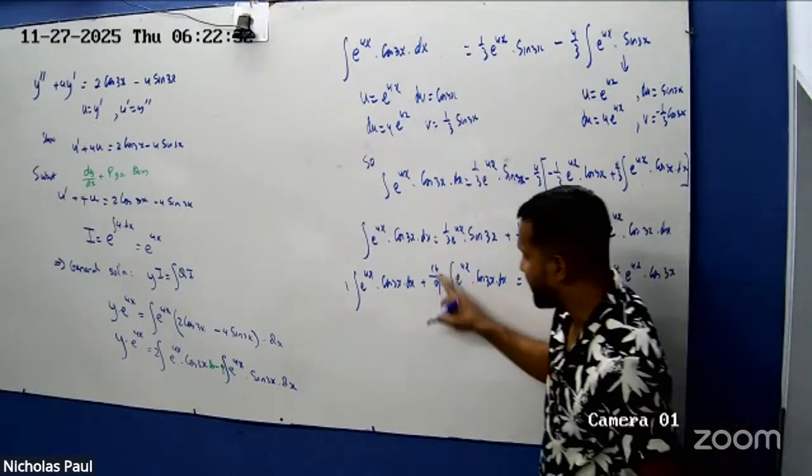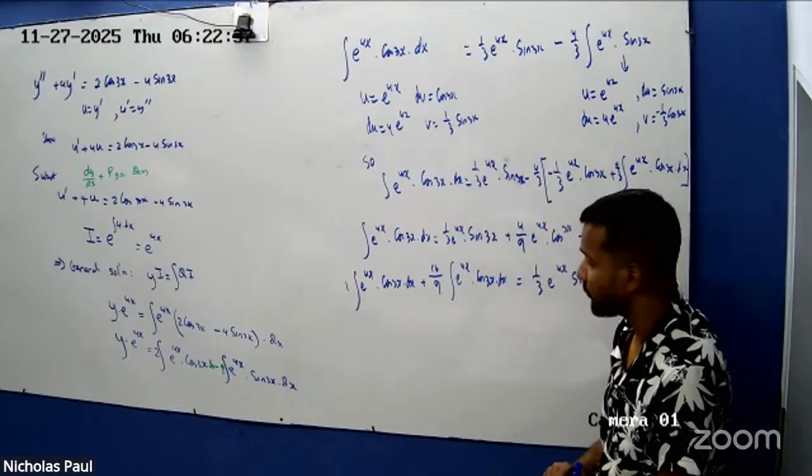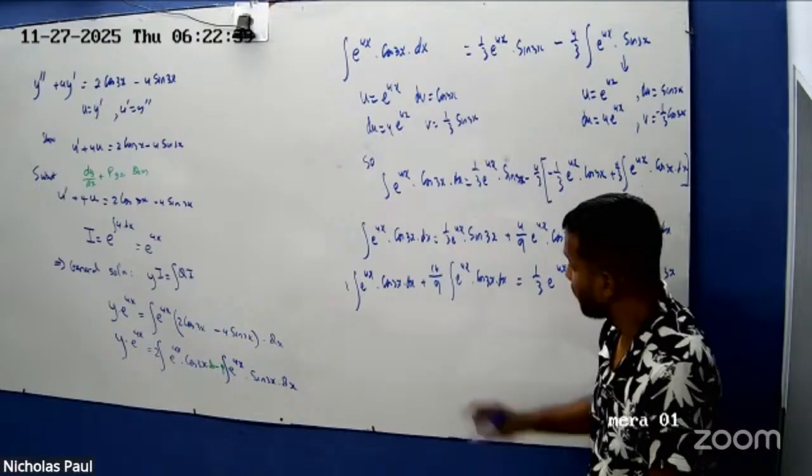So this is 16 on 9 plus 1. How much is that? 25 on 9.